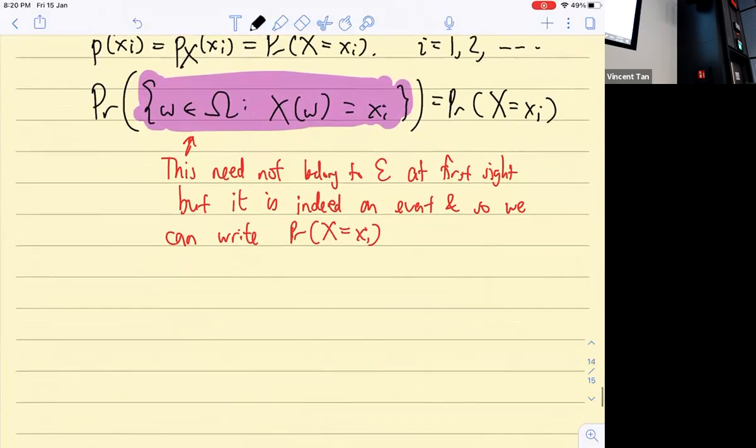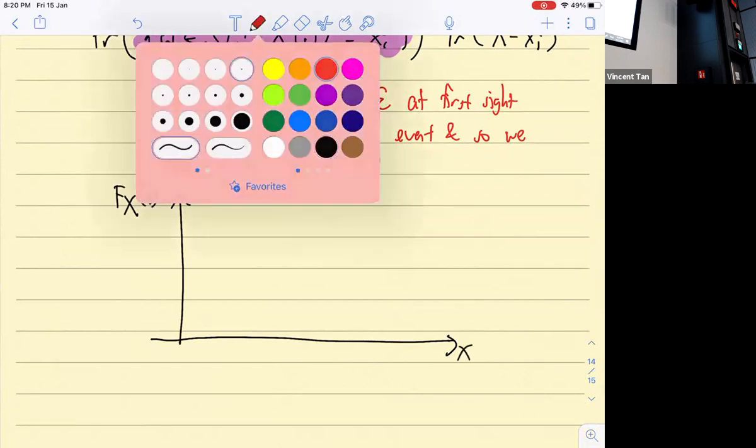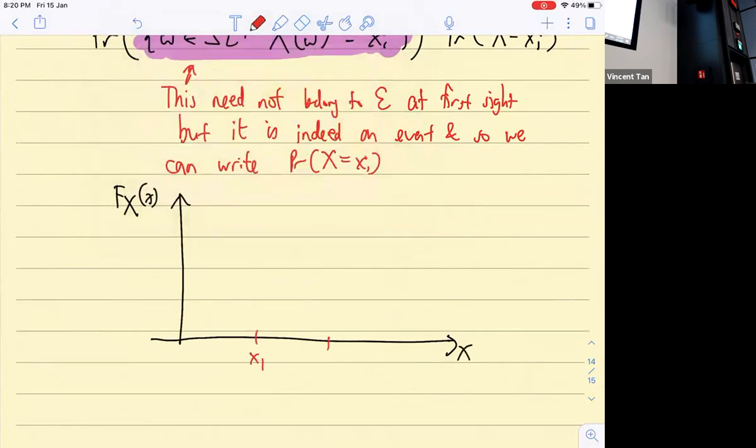Okay, so in the case of discrete random variables, or this X taking on a finite or countable number of values, then our cumulative distribution function looks like this. Here is our x1, here is x2, here is x3, and we go this way. It is empty here, there is something here, nothing here, something here.